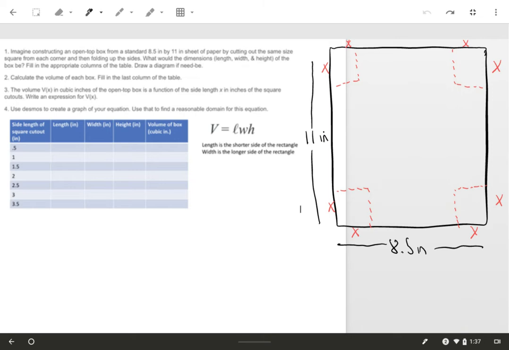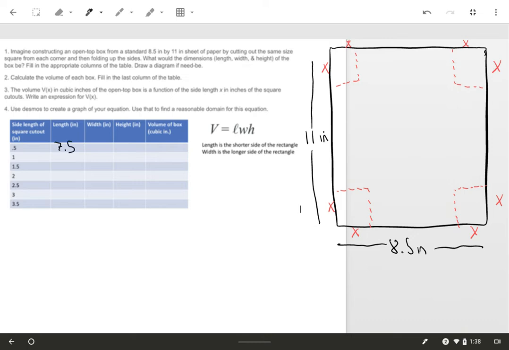So if I, for example, look at the length right here, we know the length is 8.5 inches. What if I cut off a 1/2 inch from each end? If I cut off a 1/2 inch square from each end, that's going to take off a 1/2 an inch here and a 1/2 an inch here. That's going to bring me down to a length of 7.5 inches.